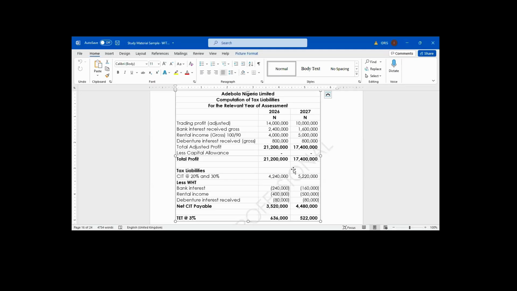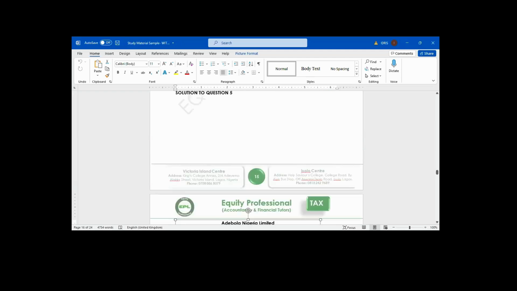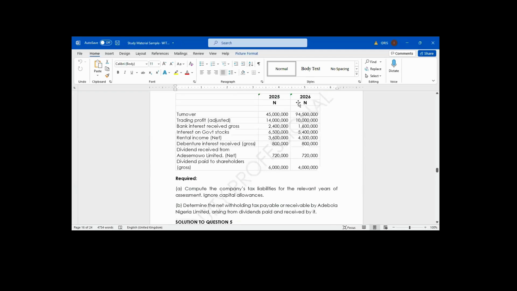Now, for the second one, the company income tax rate, I use 30%. Why did I use 30%? If we go to the question, the turnover that brings the adjusted profit of 10 million is 94,500,000.